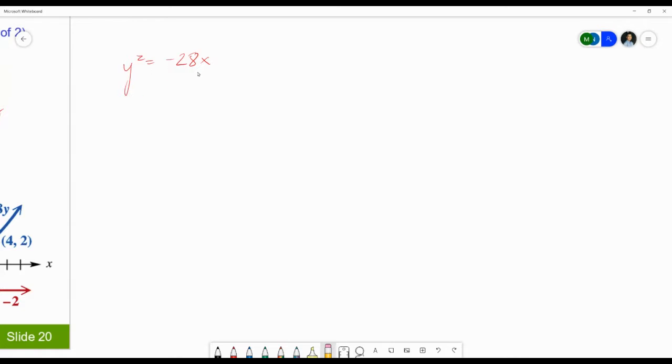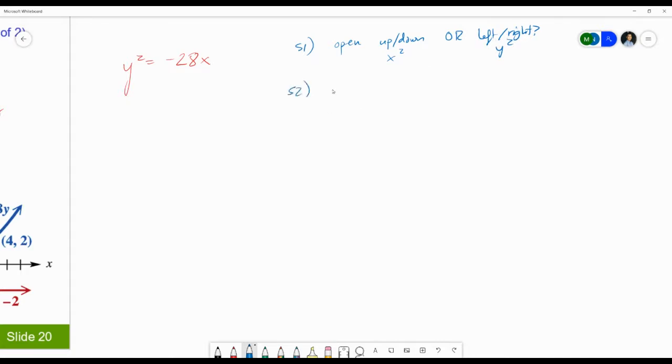All right, so let's go over the steps. First of all, step 1, let's determine, does it open up or down, or left or right? Well, in this case, it can't be up or down because it's y. Exactly. If it's x squared, it opens up or down; y squared, left or right. So we know that it's going to open left or right. We don't know which one yet.